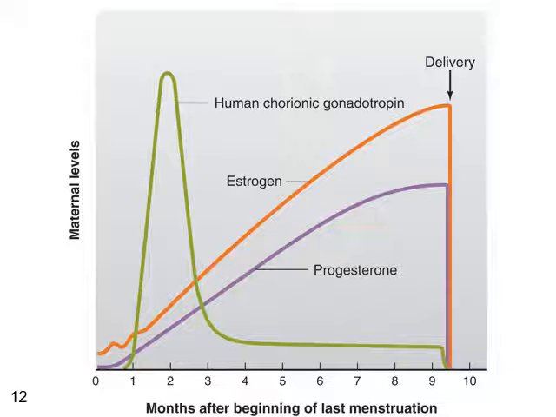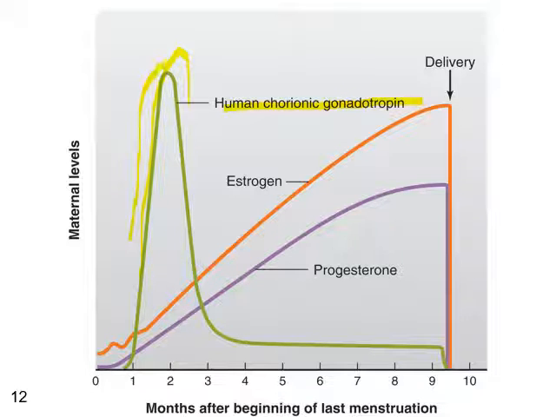Implantation of the blastocyst and early development of the chorion, the chorionic villi, lead to the production and release of chorionic gonadotropin.